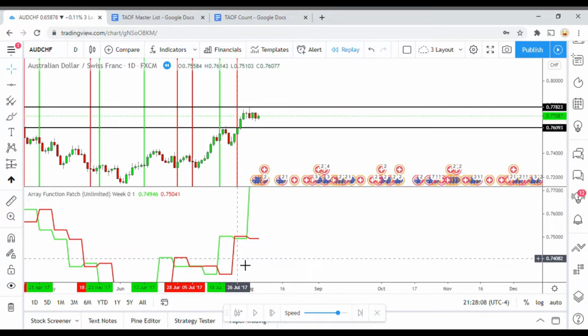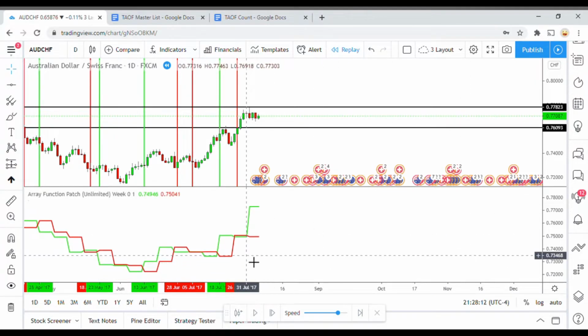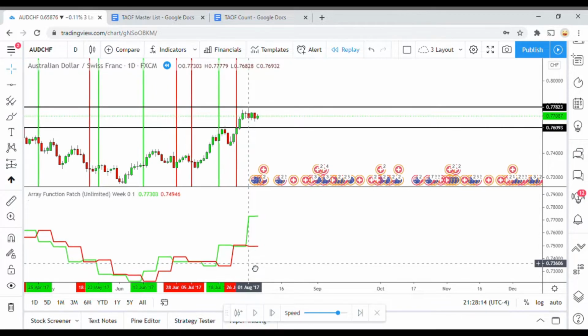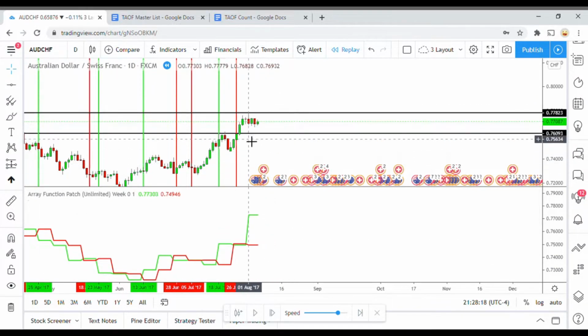And so let's look at our indicator here. It's giving us a long right here on this one. I am not extremely confident that it's going to be able to break back up above that area, but it's possible.